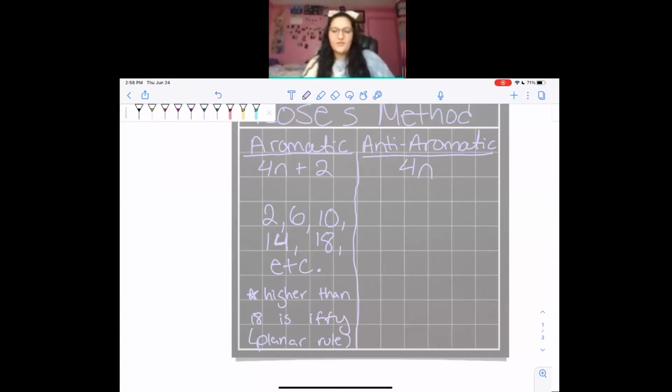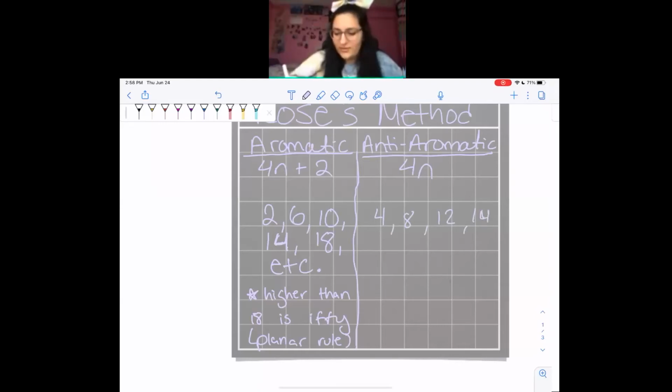Anti-aromatic, 4n. Again, just memorize these numbers.